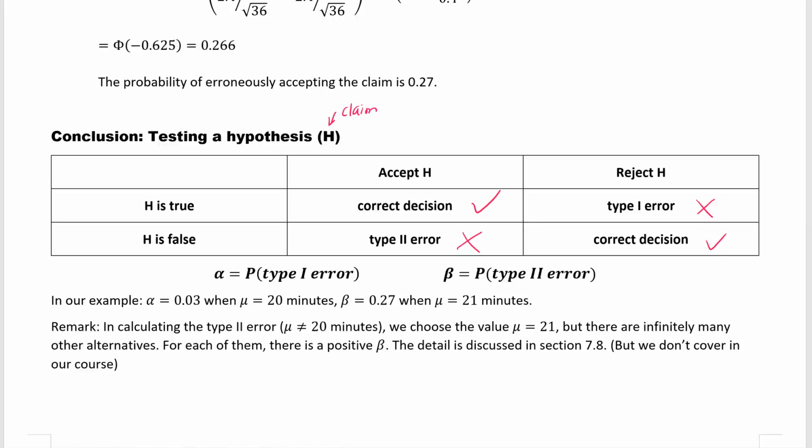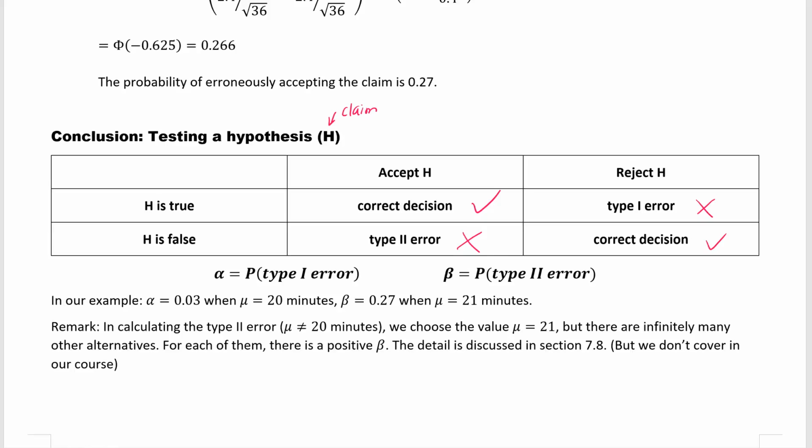You can see these two are also bad decisions, but they are different. If the claim is true, but we reject it, we call this type 1 error. If the claim is false, but we accept it, then we call it type 2 error. So let alpha be the probability of type 1 error, and let beta be the probability of type 2 error.